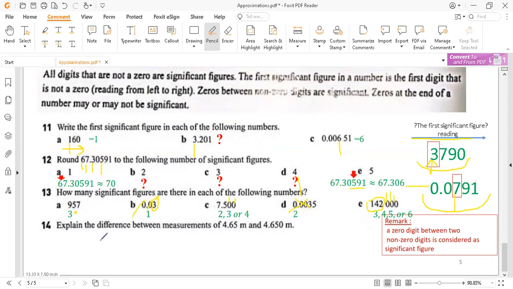What we mean is the difference between the measurement 4.65 meter and 4.650 meter: in calculation we don't have any difference between these two measurements, but as a number, we have here 3 significant figures, but here we have 3 or 4 significant figures.